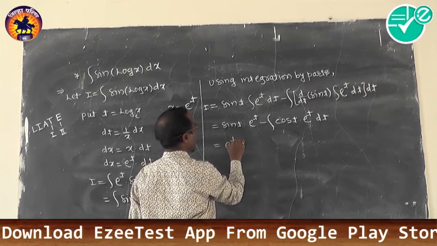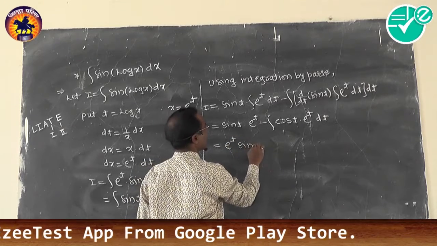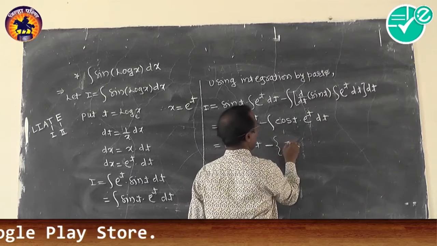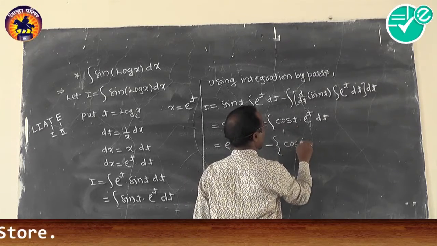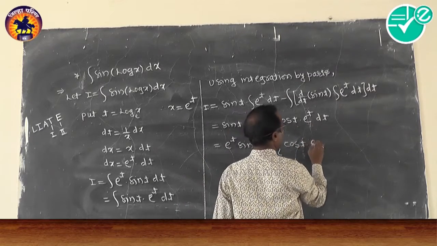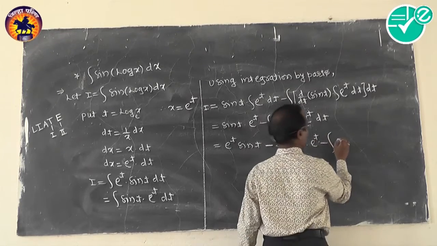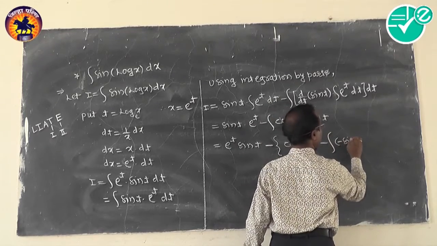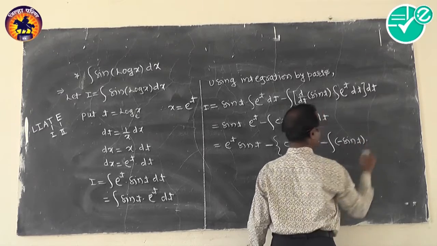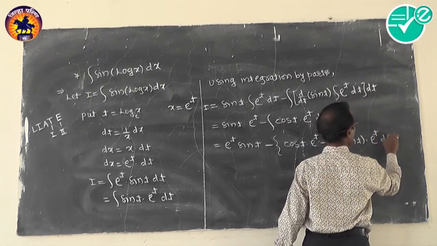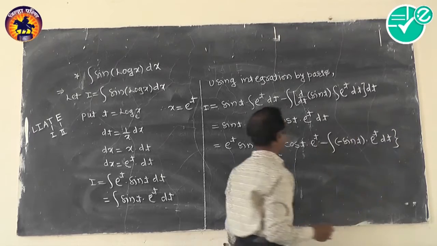E raised to t into sin t minus, first as it is, integration of second e raised to t, minus integral of derivative of cos t is minus sin t into integration of second e raised to power t is e raised to t dt.